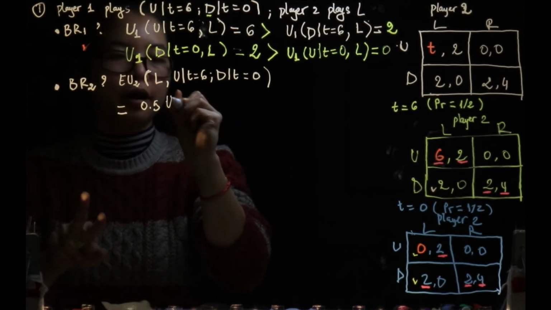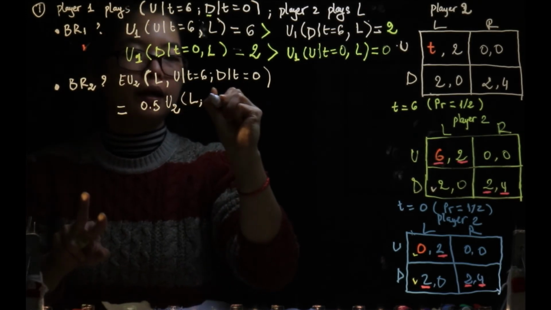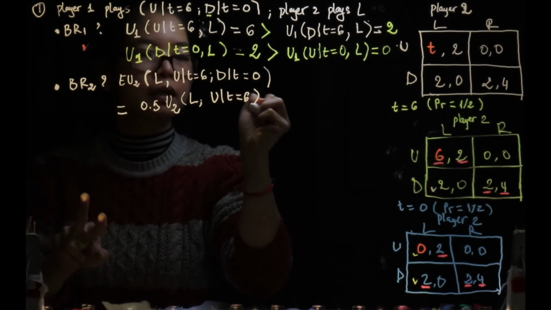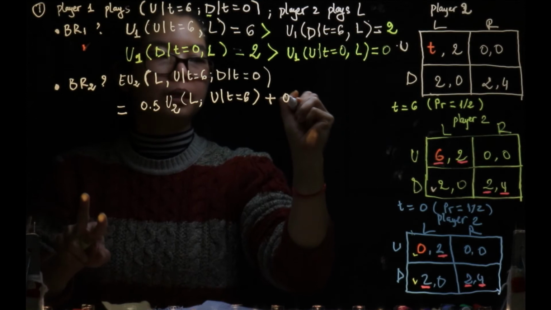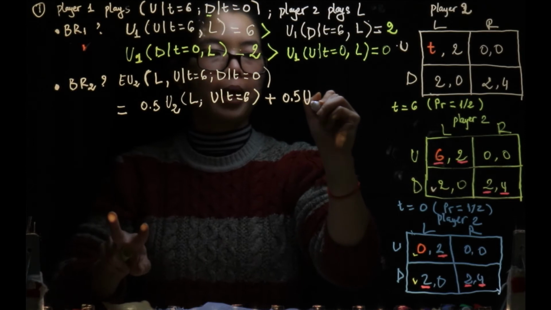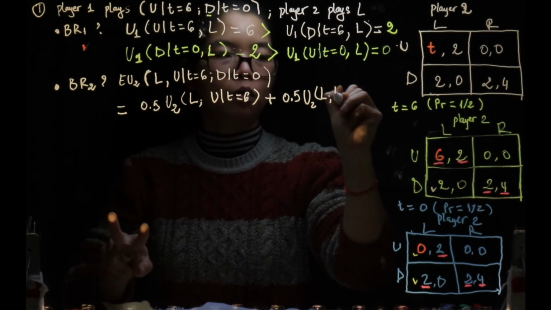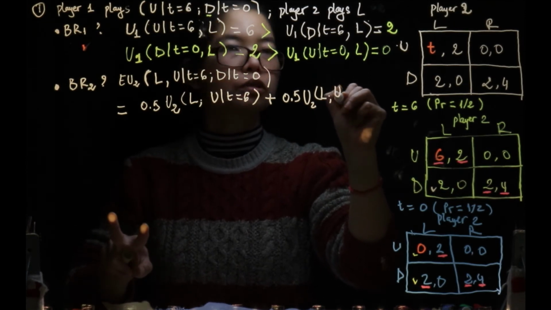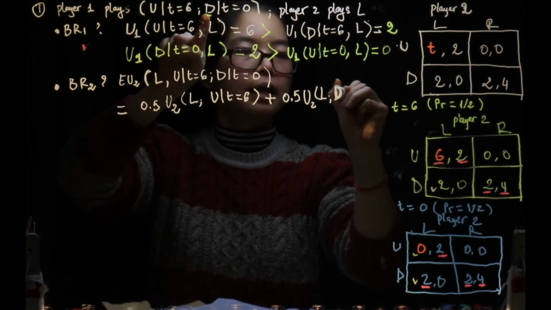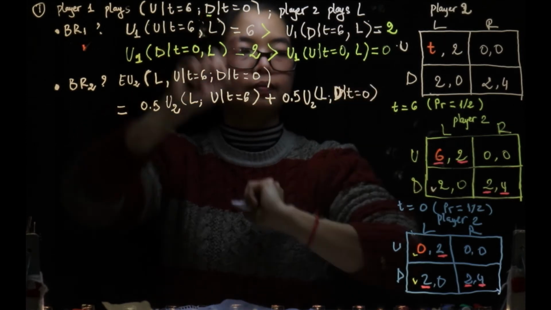First, the payoff when he plays left and the first player plays up when t equals 6, plus the probability of t equal to 0 times his payoff when he plays left and the first player plays down when t equals 0.